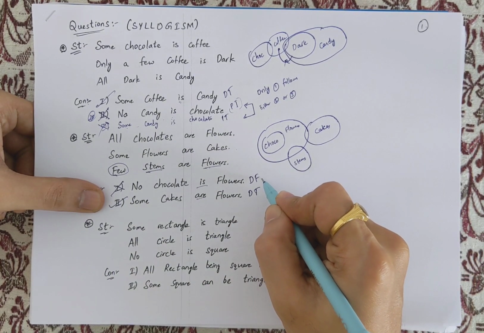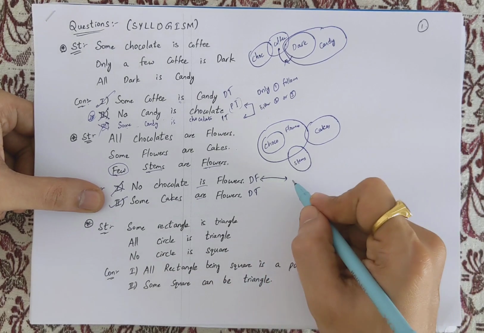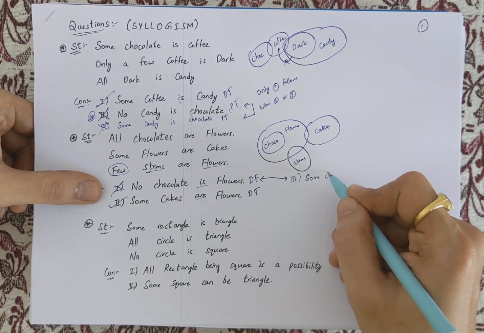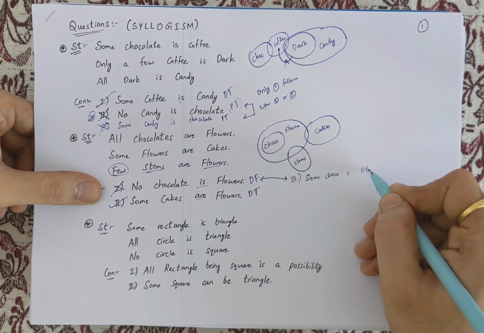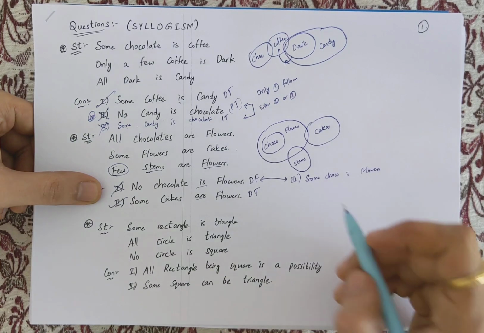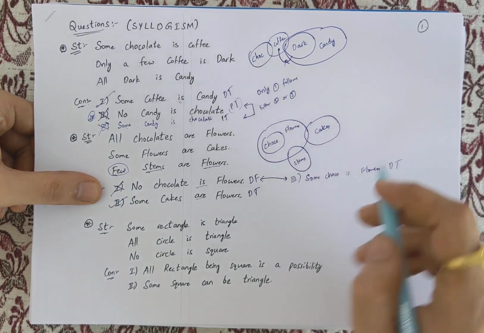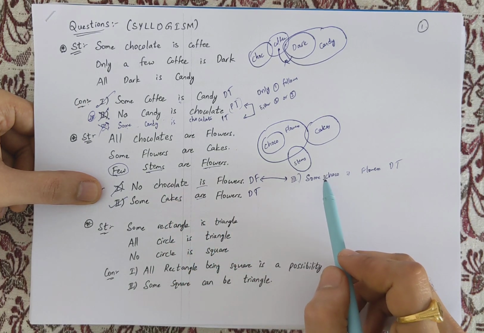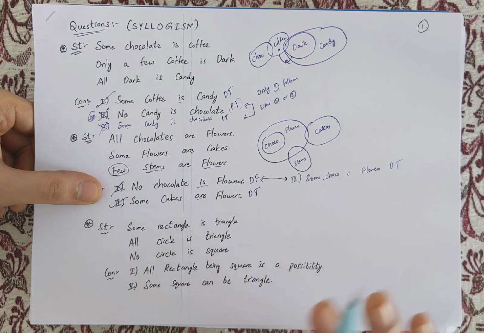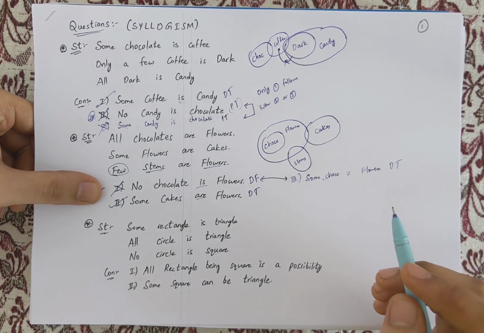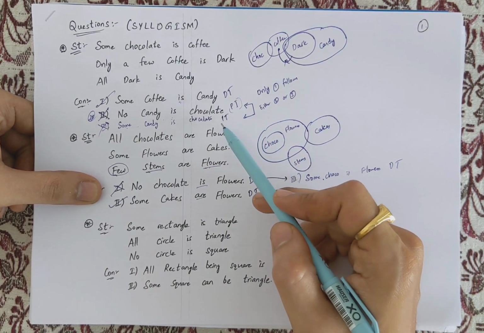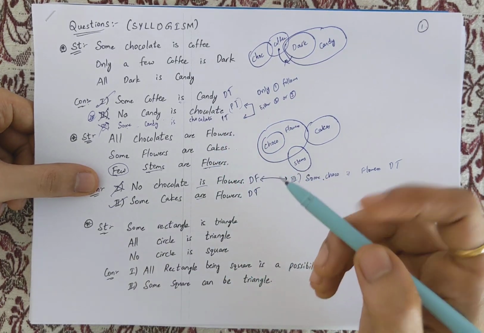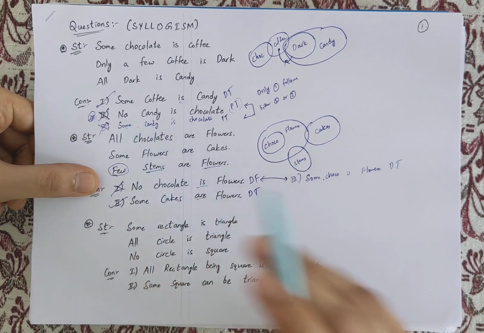So what I am saying by definite is, suppose there is another statement which states some chocolate is flowers. Some chocolate is flowers is definitely true. We should not say it is some, no. Both would be complementary pairs, hence I would keep this as an either-or condition. The either-or condition arises only when both the conclusions are possible and they are complementary pairs.